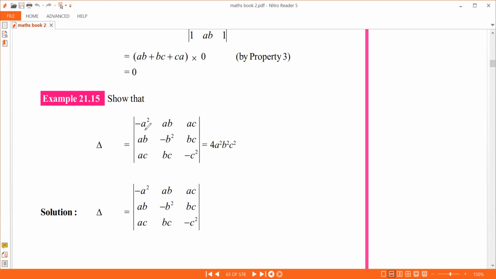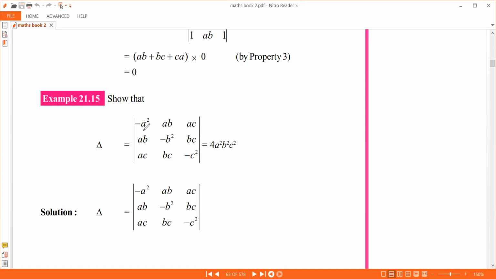So minus A square, AB, AC; AB, B square, BC; AC, BC, C square. What is missing here? A square, AB, AC; AB, minus B square, BC; AC, BC, minus C square.